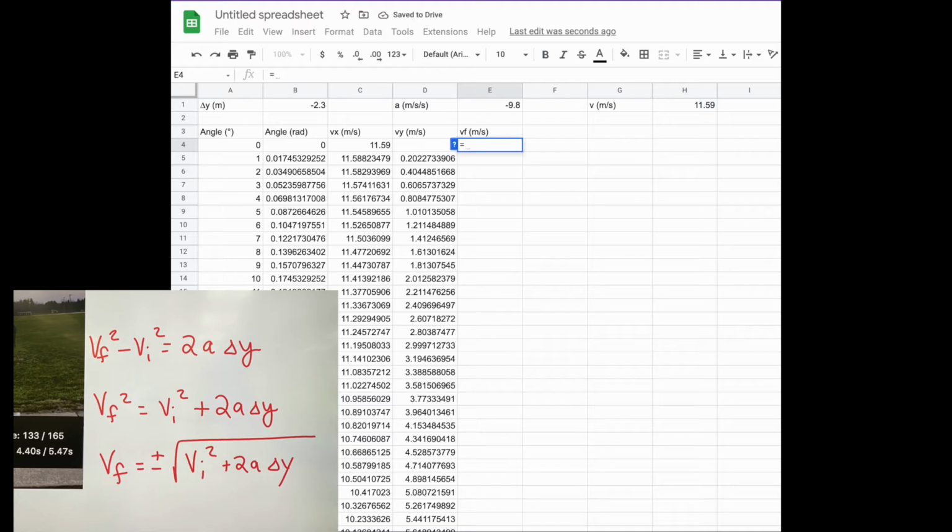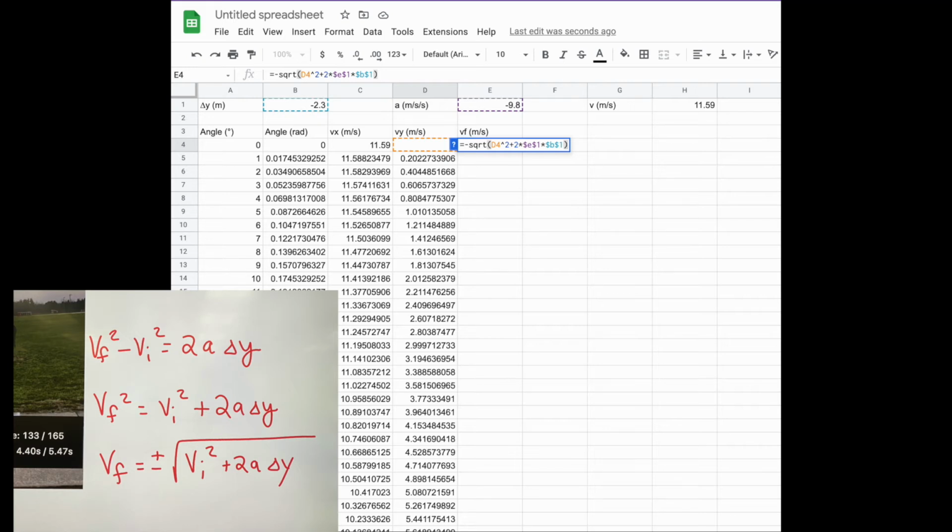To do this, we know that we want it to come out to be a negative number. And we get this by doing the square root of the initial velocity, which is box D4 squared, plus 2 times the acceleration, which would be $E$1, times $B$1.